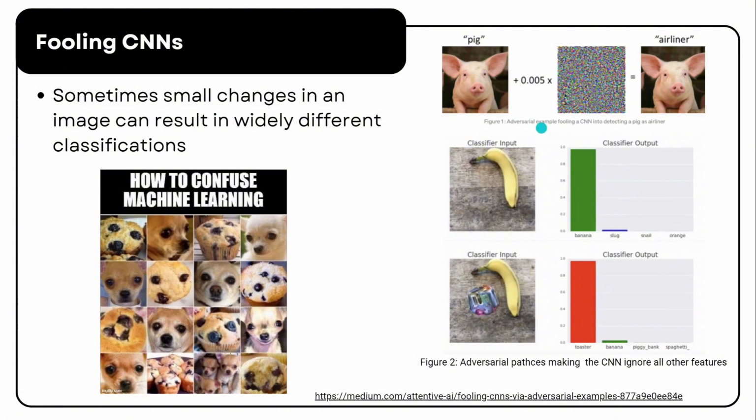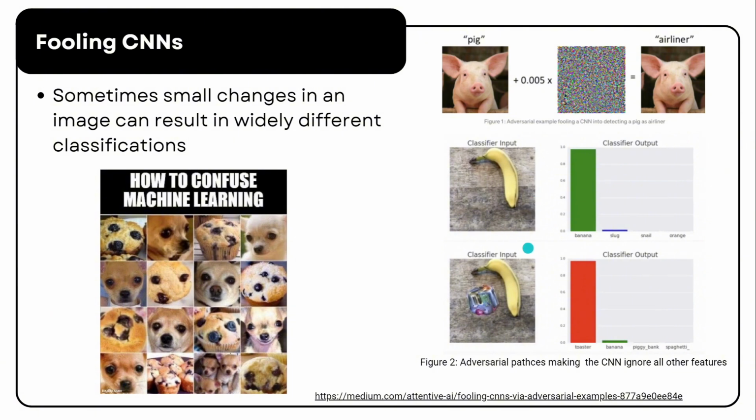To us, the image still looks the same, but the CNN might suddenly classify it as something entirely different. In the top example, adding a tiny bit of adversarial noise to an image of a pig makes the model predict airliner with high confidence. It's clearly wrong, but the added pixels have activated filters that the model associates with the airliner class.